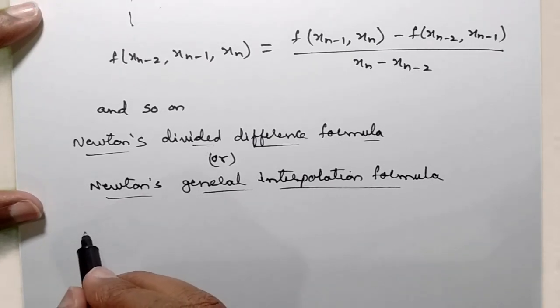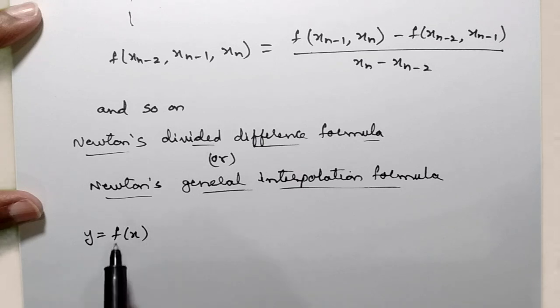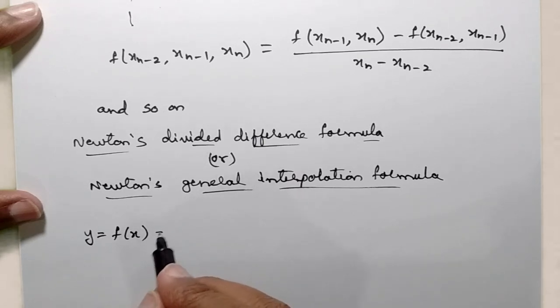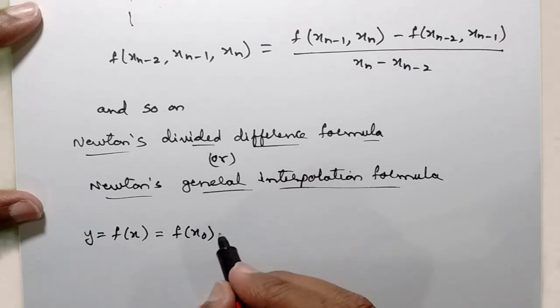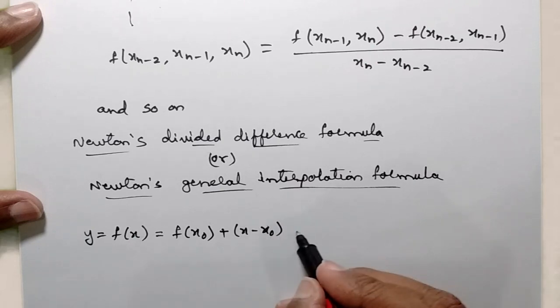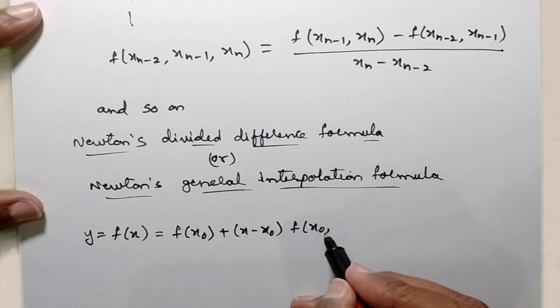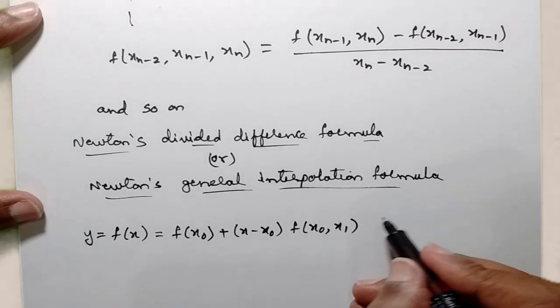The formula can be written as y is equal to f of x. Either you can use y is equal to or f of x is equal to. So you will have f of x0, the initial value, plus x minus x0, f of x0 comma x1. This represents the first divided difference value.